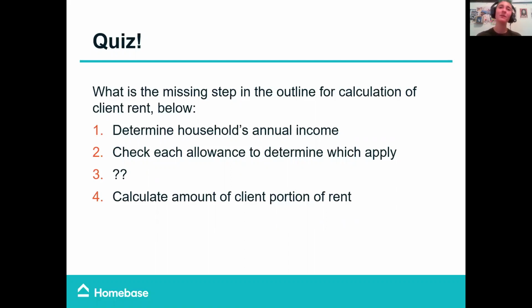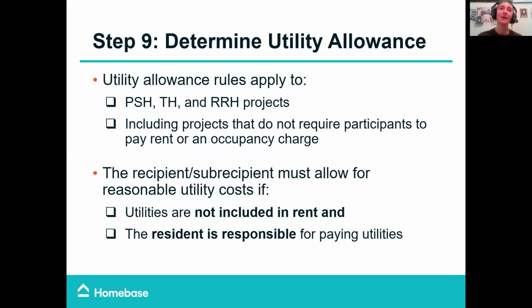All right, but I warned you at the beginning that this isn't the end of the process. There's one more step we have to go through, step 9, which is on the next slide for us. The last step is to determine the utility allowance that your client may qualify for. Utility allowance rules apply to all project types, including projects that don't actually require participants to pay rent or an occupancy charge.